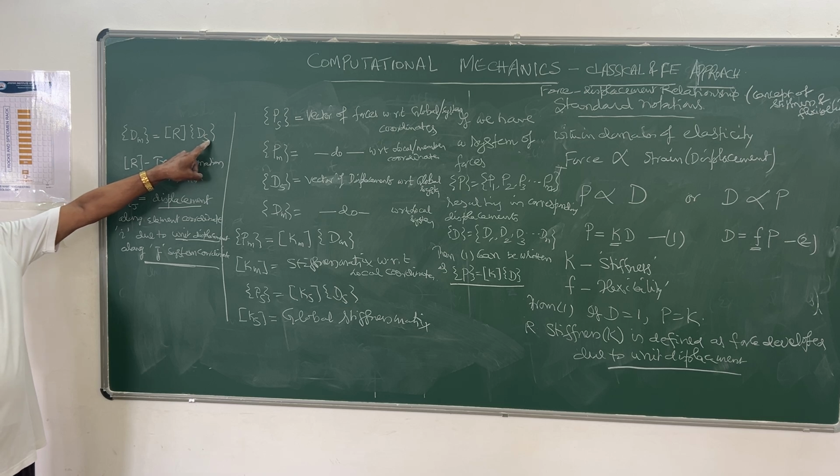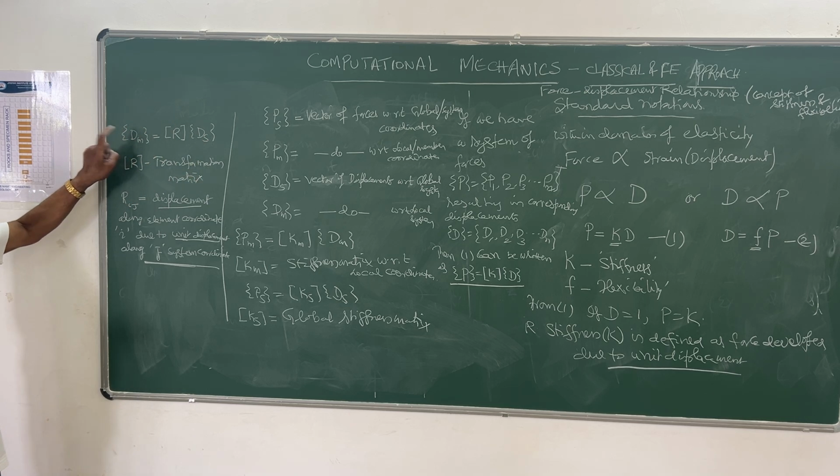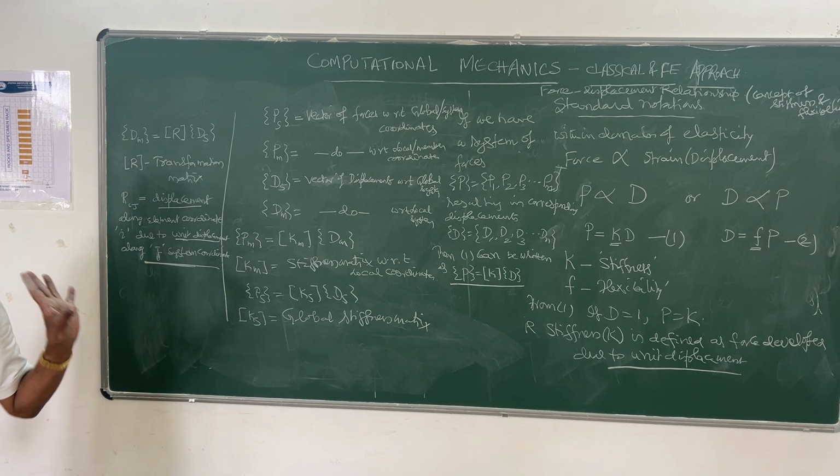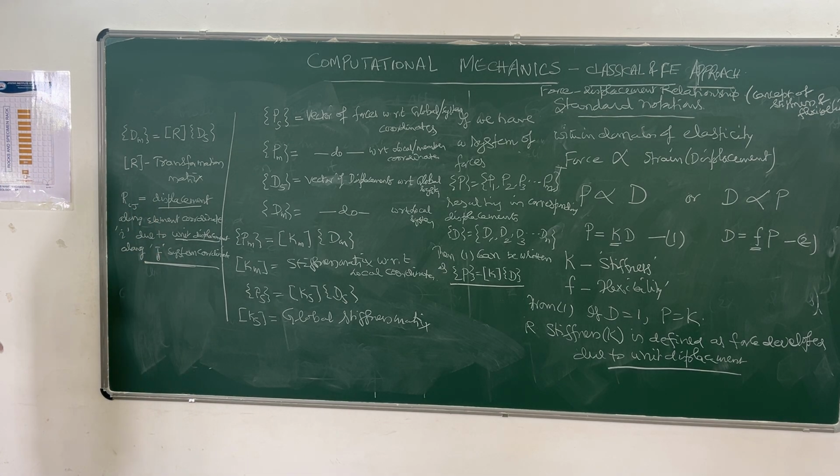Then if you multiply by the global displacement, you will get the corresponding one. That is your transformation matrix. This definition or concept you have to remember while working the problem. You have to be very, very careful.